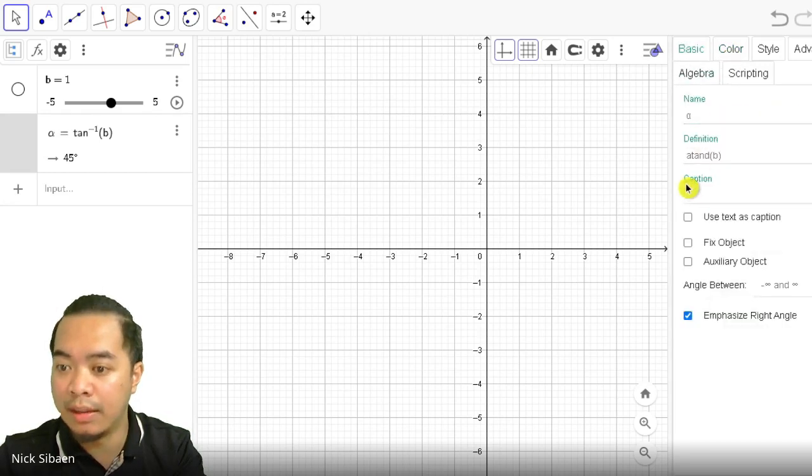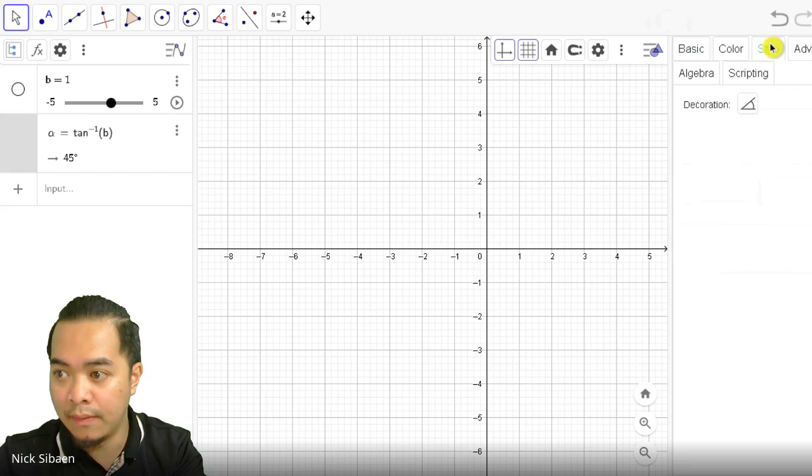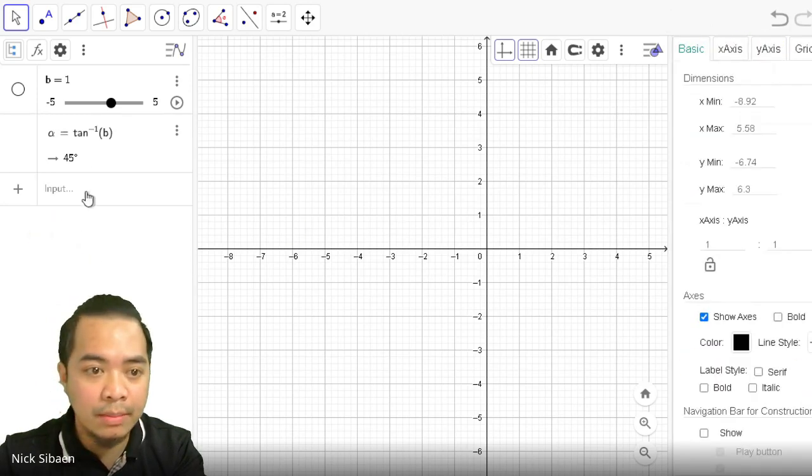Naka-degrees lang siya. We want sana to be radians, or can we? Anyway, we can adjust naman.